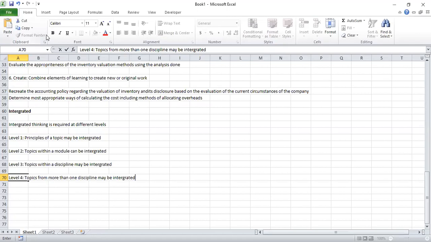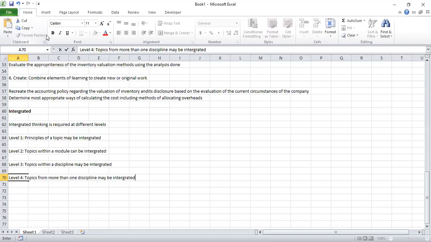And here we're just talking about integration in the areas that you are learning, but in the practical sense, there can be integration with marketing, integration with HR. You being able to relate your labor variances to the employment policies of the company.